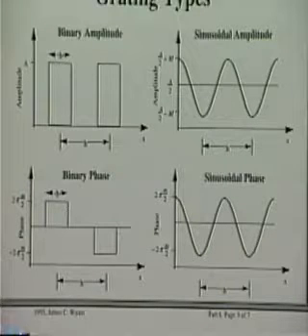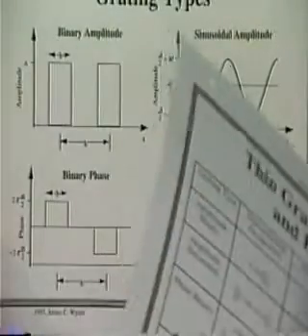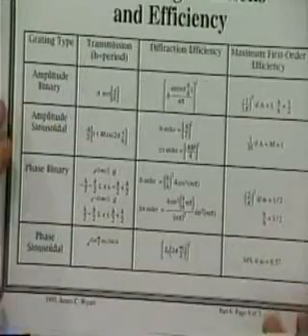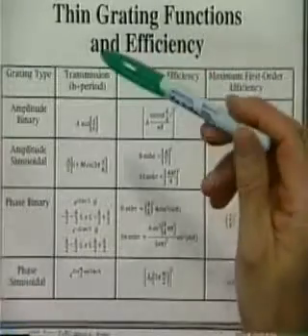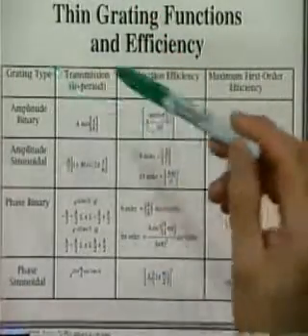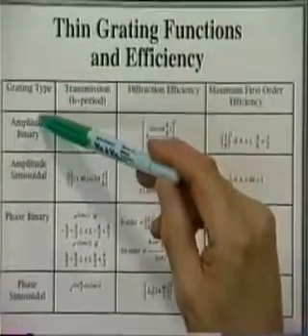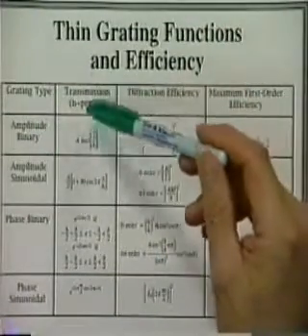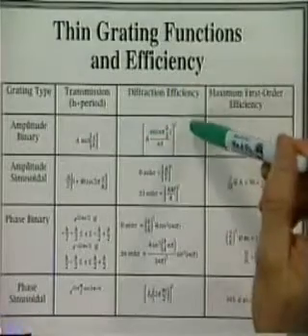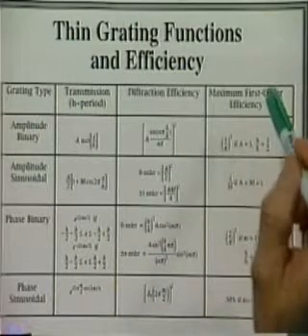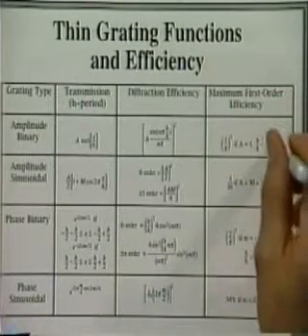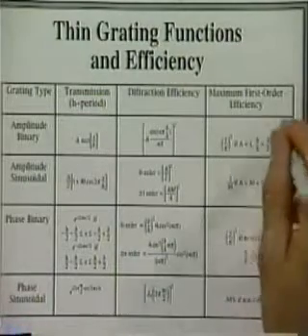Then the next page in this handout gave a summary. This will be kind of hard to see on the TV probably, but everyone should have a copy, maybe not with you, but back in your office, where we have written down the type of grating, the transmission, the diffraction efficiency, and then the first order diffraction efficiency.